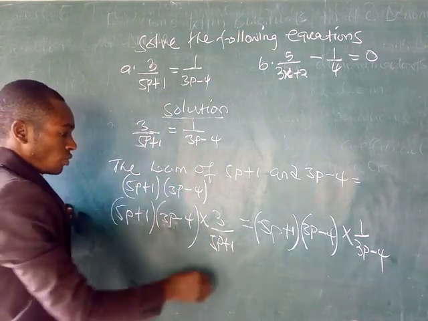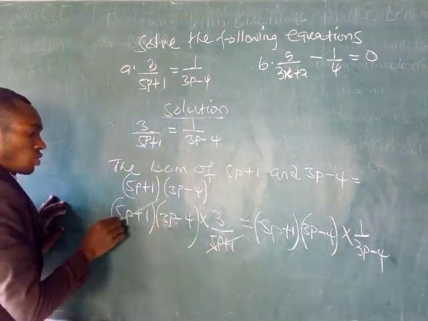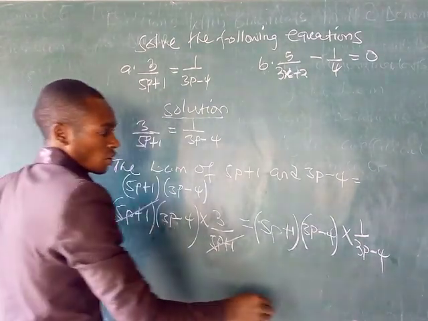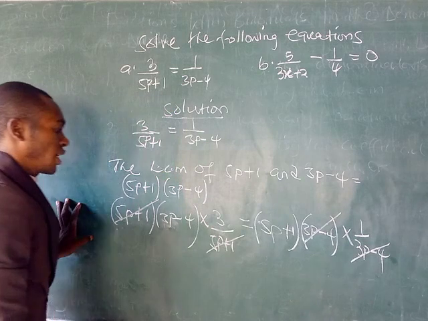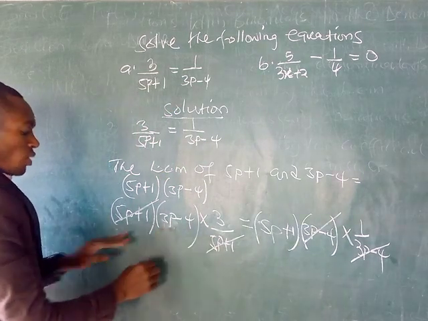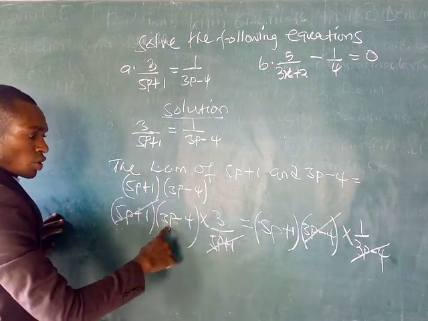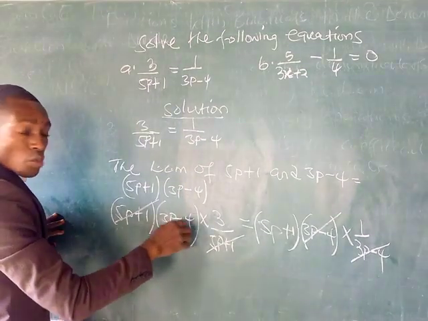Now, this is going to cancel this because they are the same. The same thing when you come over to this side, this will cancel this because they are the same. What we have left is this 3 will multiply this, opening this bracket.